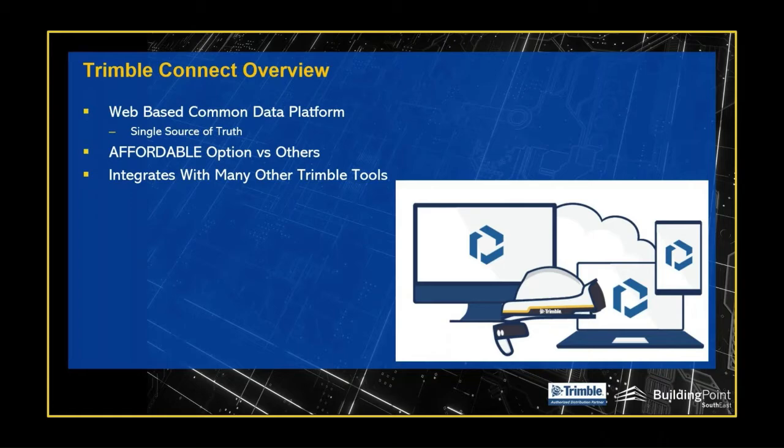You can, but if you just have a small job, you can get into Trimble Connect for about a couple $100. And when you start talking about the extensions that it can do, you're looking more at the range of a couple $1,000s per year, but very much affordable compared to others in the marketplace.